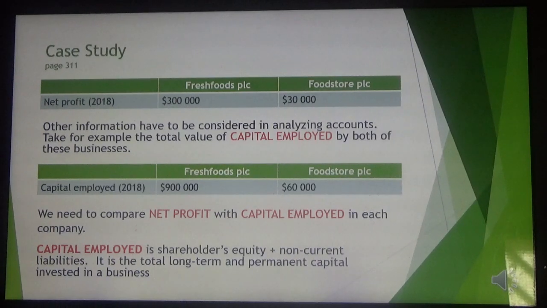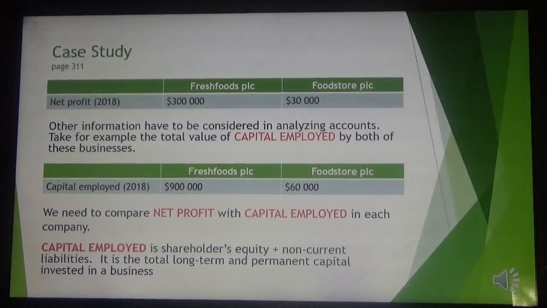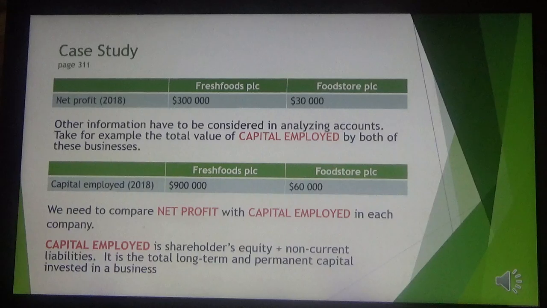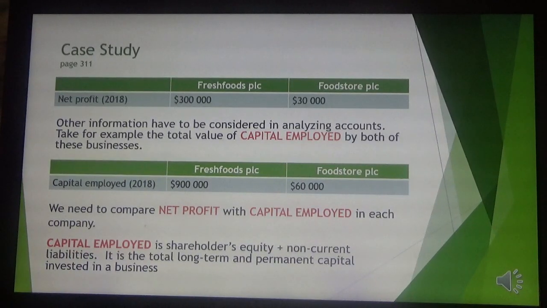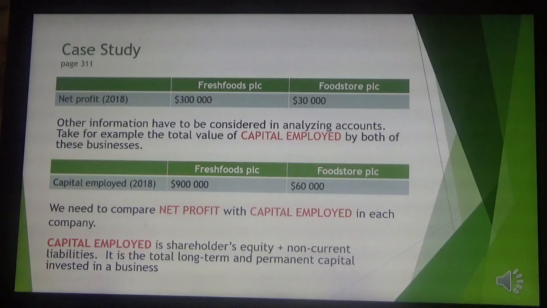The net profit gain in 2018 are $300,000 and $30,000 respectively. Now, what conclusions can be drawn from these two figures?